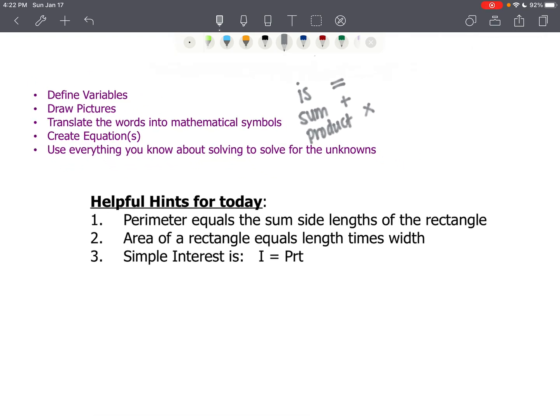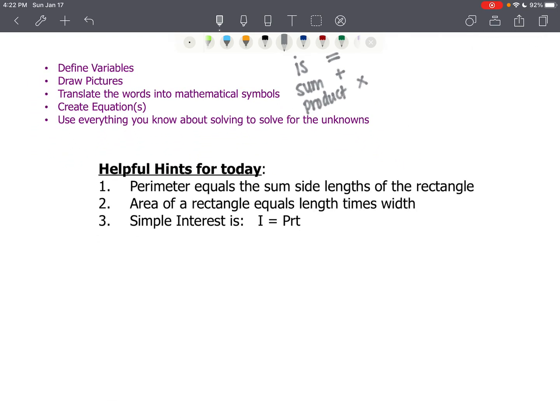Now, some helpful hints for the problems that we're going to do today. Perimeter equals the sum of the side lengths of the rectangle or any shape that you have. It's the outer edge, so it's the linear length around an object. The area of a rectangle is equal to length times width.